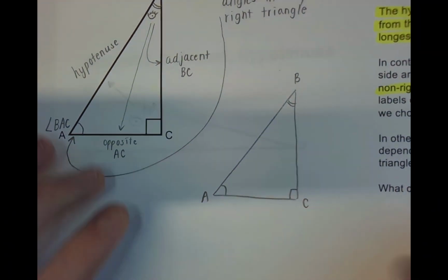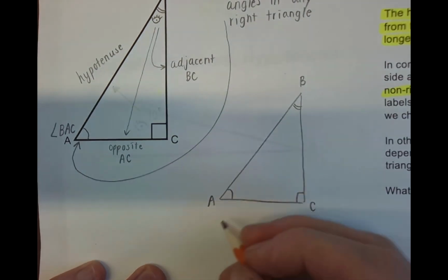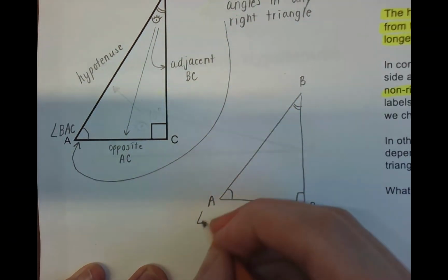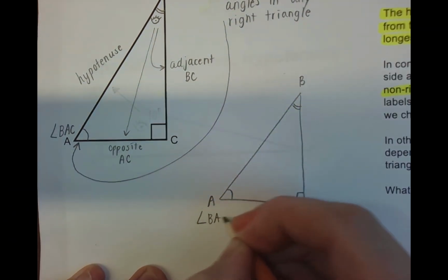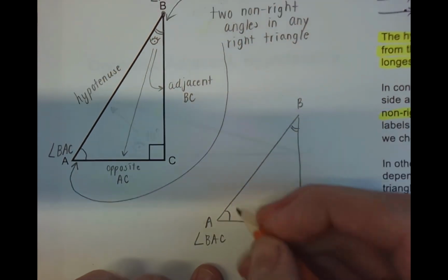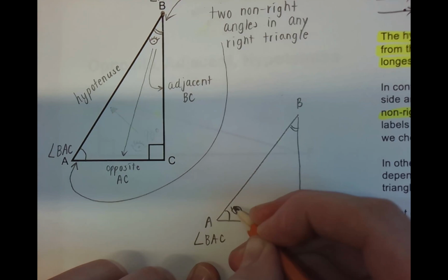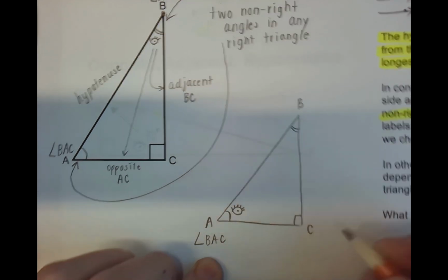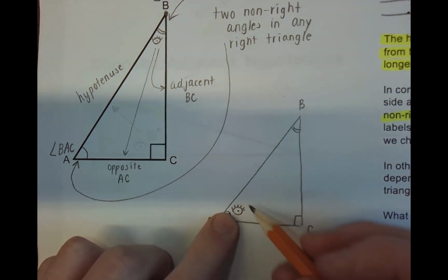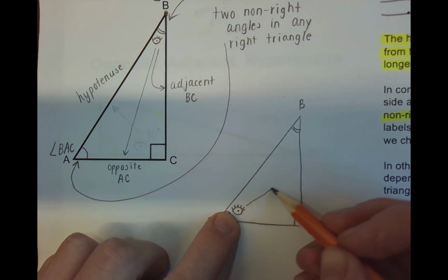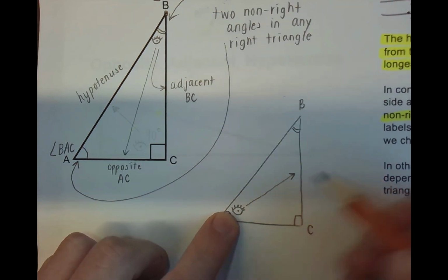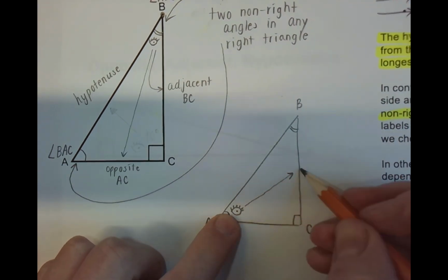Let's focus on angle BAC. So if I go to this perspective and I'm standing there at that angle and I'm looking out, now this is opposite to me.